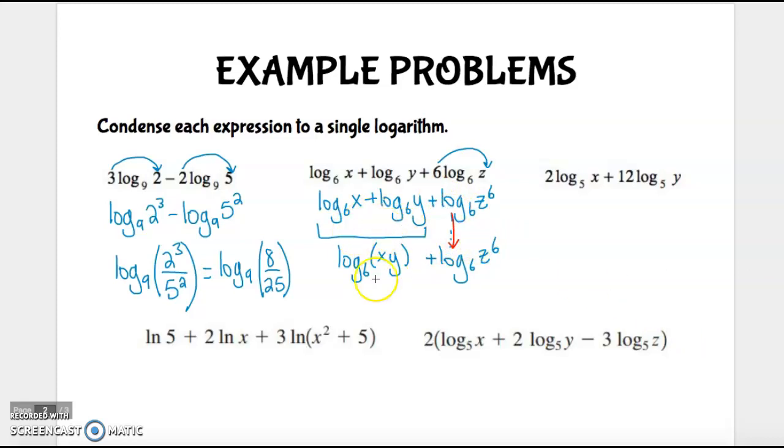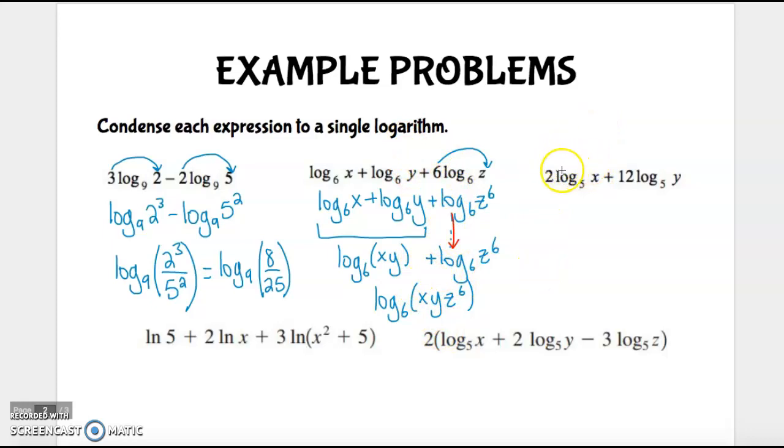So I combined those logarithms, and now I still have addition between these two logarithms. So now I can combine those, and I can still do multiplication. So xy times z to the 6th. So I'll have log base 6 of xy z to the 6th as my final answer. And now I'm done because I know I'm in a single logarithm. There's nothing else I can simplify, like there are no regular numbers or anything like that.